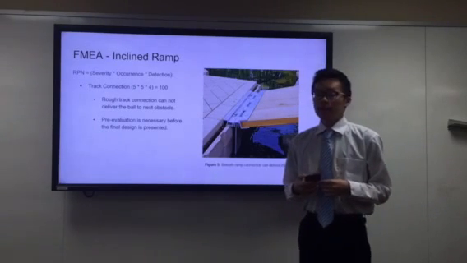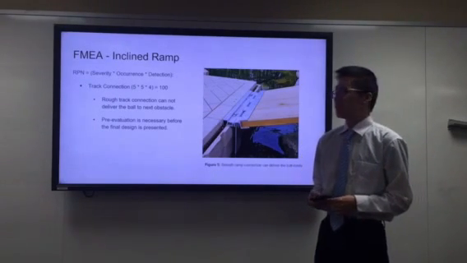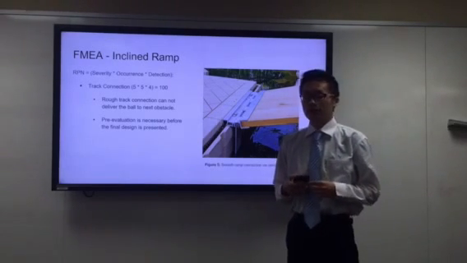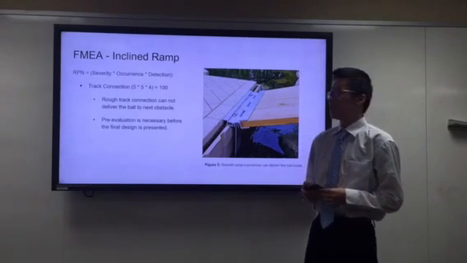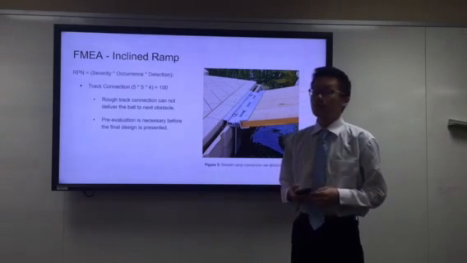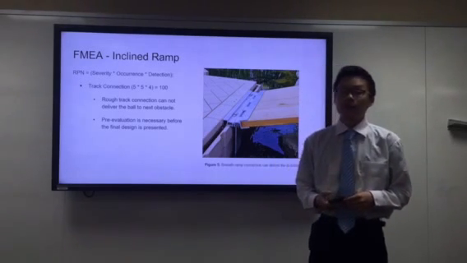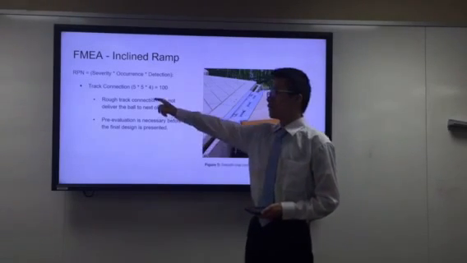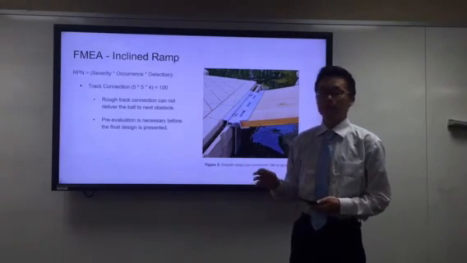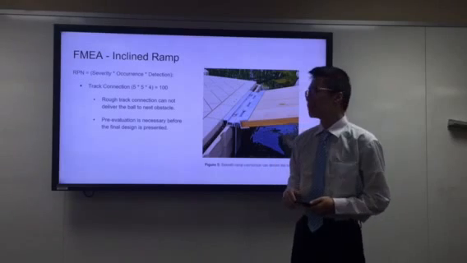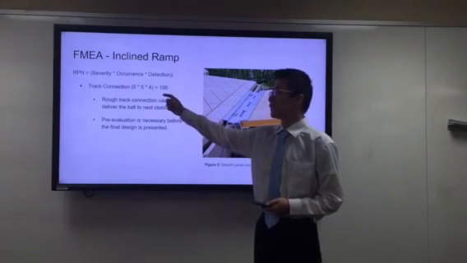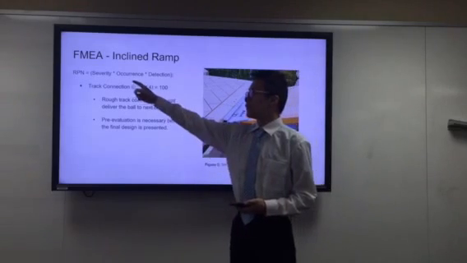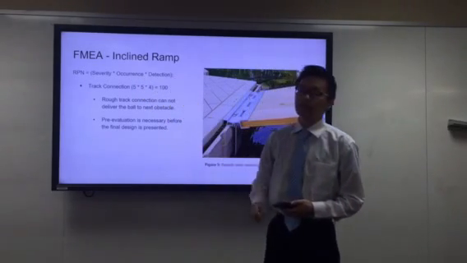When checking the failure modes and effects of the design, our team found several possible failures that our first obstacle, which is the inclined ramp, could experience. The result shows the track connection, which means the connection between the track and the next obstacle, has an RPN number of 100, based on the severity, occurrence, and detection numbers.